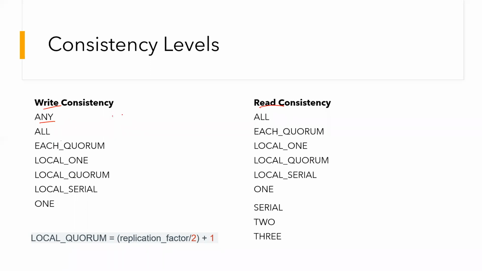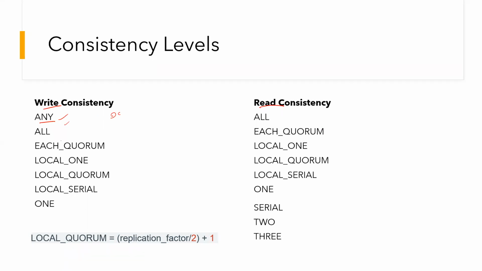You might have multiple data centers, or a single cluster with just 2 nodes, and one of the nodes responds to you. If you're fine with it, then you will go with ANY, but generally it is not recommended to use ANY as your solution.